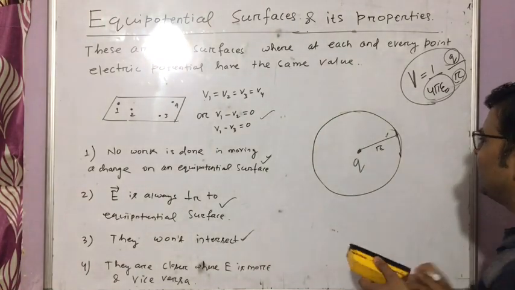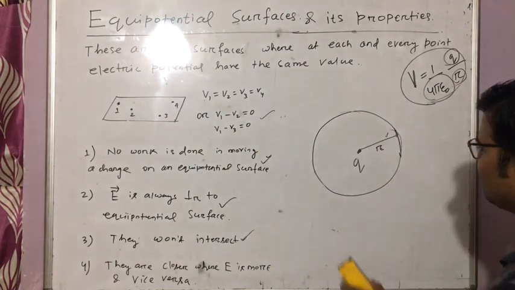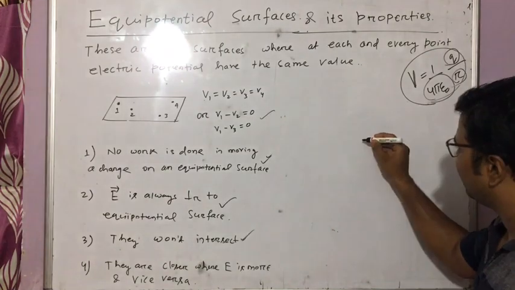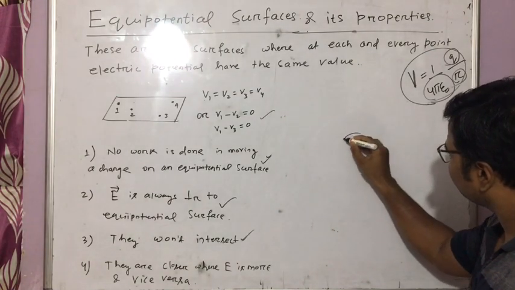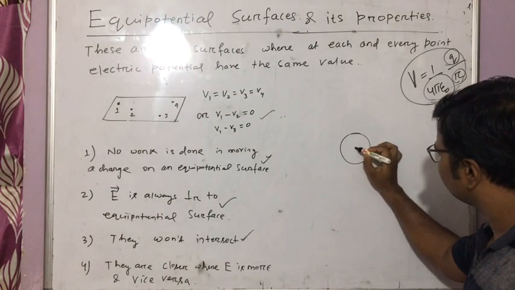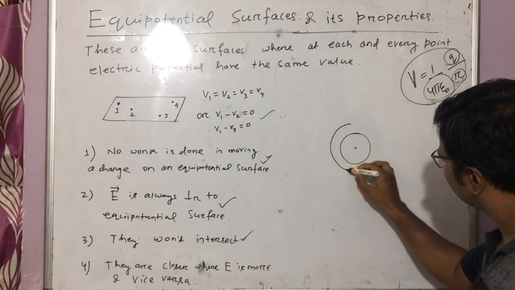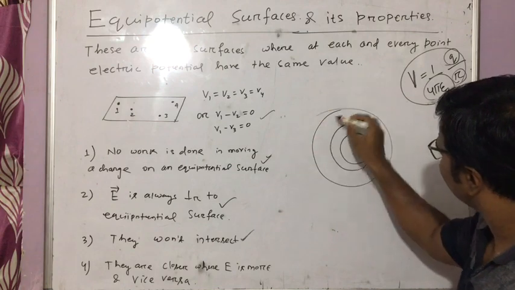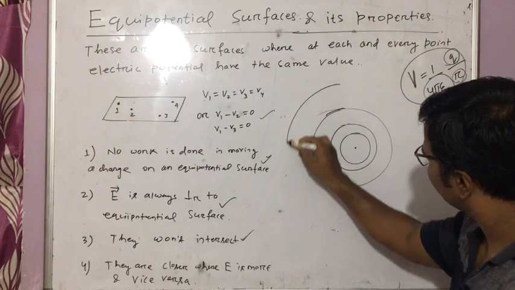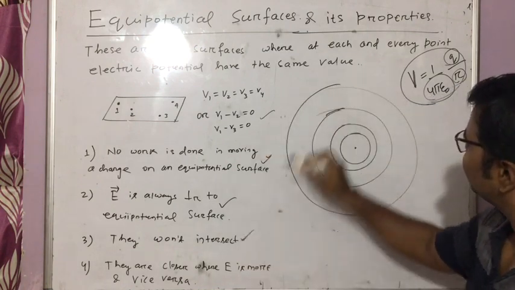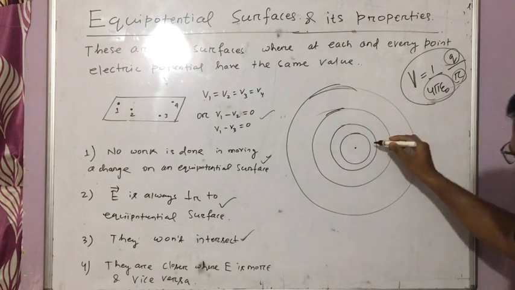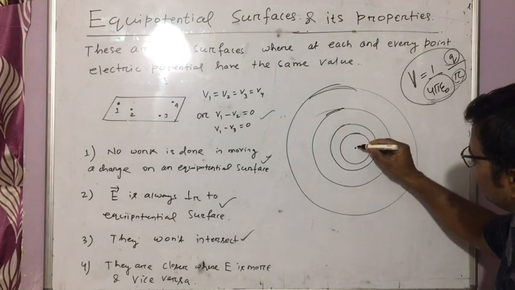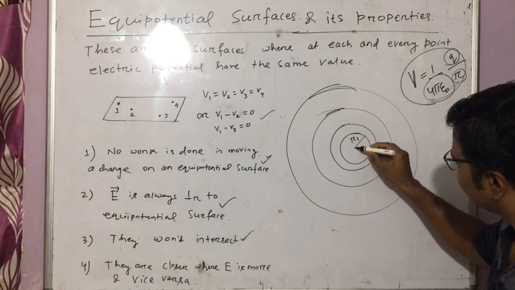Clear? Another interesting part is here, and we know the electric field lines for a point charge. Let us draw concentric spheres. See, all the spheres are concentric because their center is one, and let's say the radius here is R1.